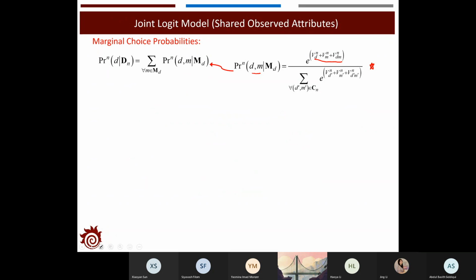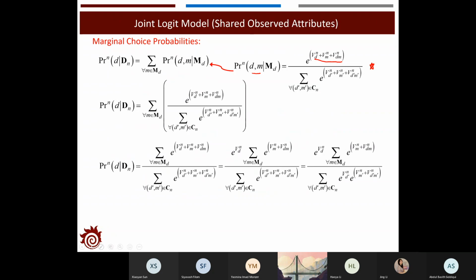And now you can apply the definition of the marginal choice probability, put them together. With that, you can follow this derivation. We will actually be able to find a very simple expression for this marginal probability.